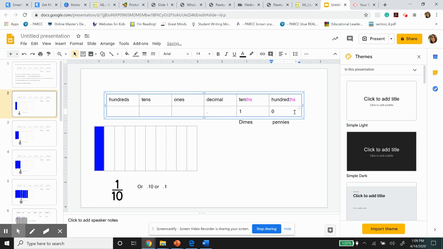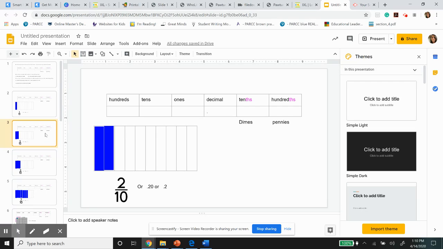So it doesn't matter if we have zeros along the way, it's still 1/10. There's no number in here, right? We're just kind of holding place value. So this is 1/10, right? And as a decimal, it looks like this, okay?